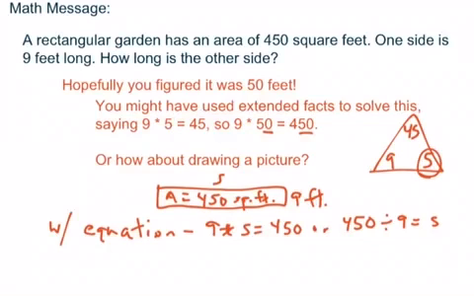So the equation that you would see that goes with this down here, I could do 9 times 5 equals, actually I should say 45 right there, shouldn't it? Oh, 9 times S, that's an S, my bad. 9 times S equals 450 is the equation with the unknown, or 450 divided by 9 equals S. So notice how these are just opposite operations, still doing the same thing, right?